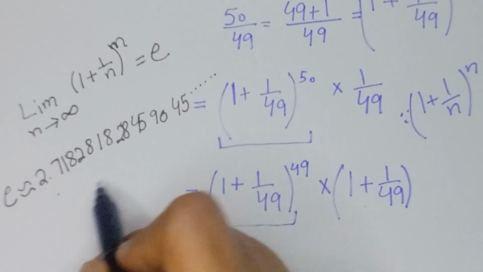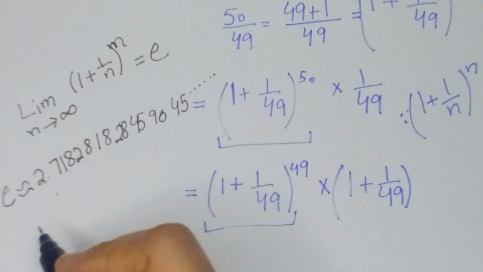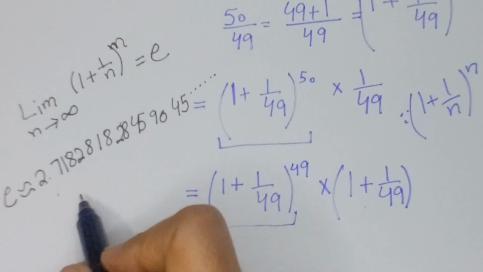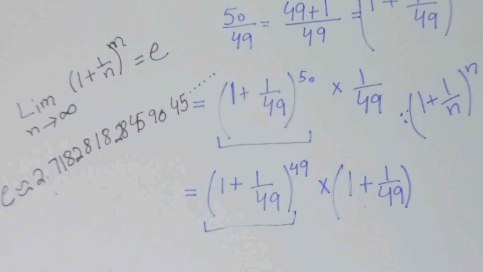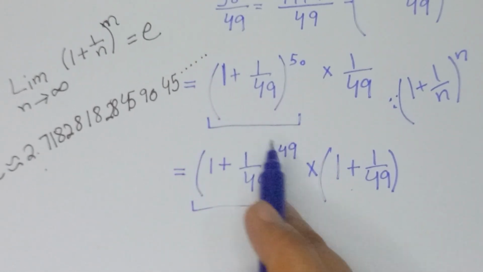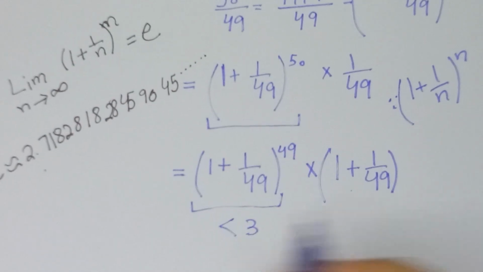This is the most important point. You guys have to remember this. Whatever the value of n, it has to be always smaller than 3.